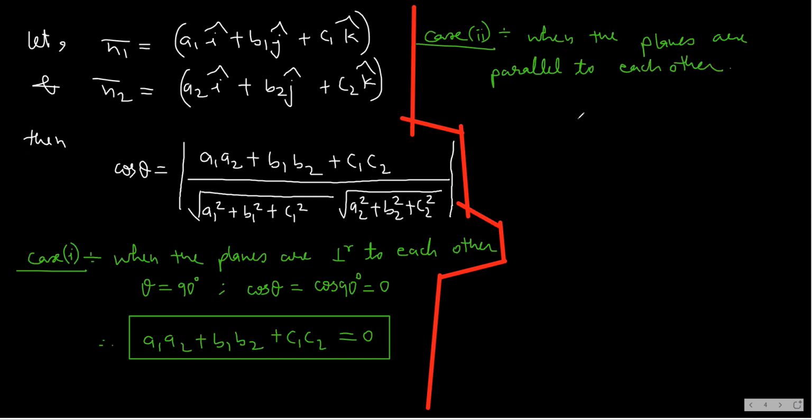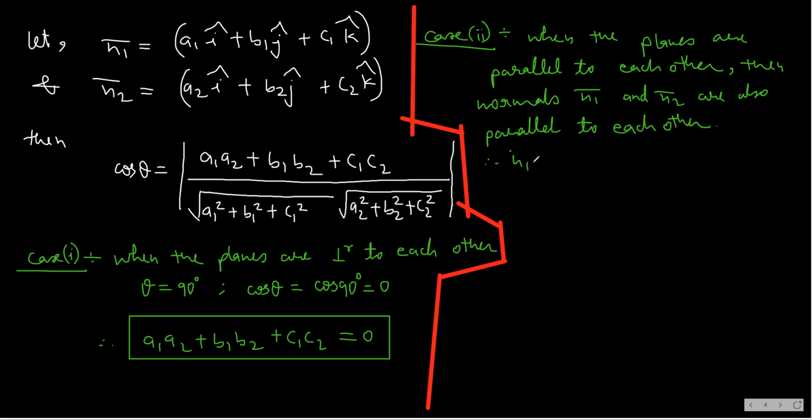Now, when the planes are parallel to each other, the normals n1 bar and n2 bar are also parallel to one another.